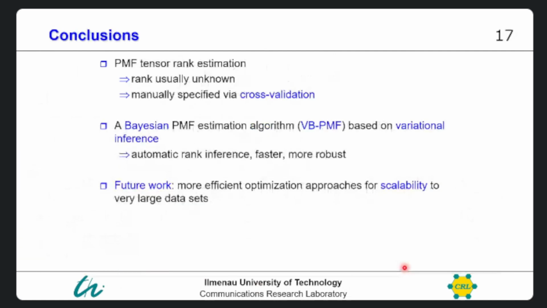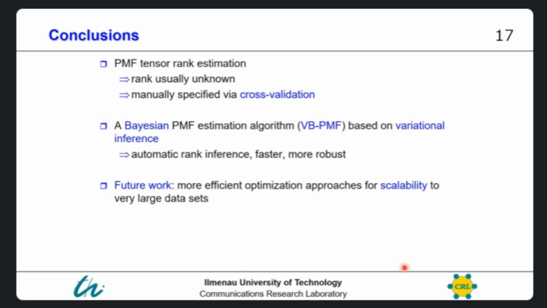So we have presented a Bayesian PMF estimation algorithm that can automatically learn the rank. It's faster, and it's robust when you have missing information.